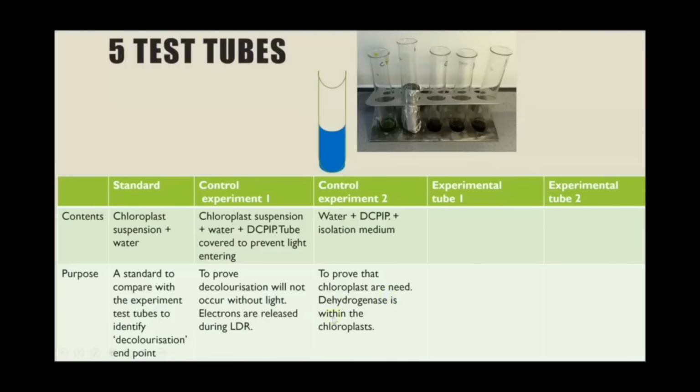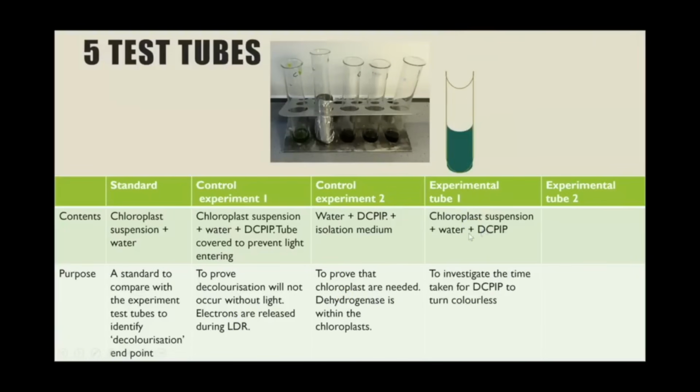And that will then show that the dehydrogenase enzyme within the chloroplasts is required. So I'm still going to add the isolation medium, which was used to make the chloroplast suspension, again just so we can show it's not anything within that medium which is causing the colour change, it is just the chloroplasts. So those are my first three, which is to help with the validity.